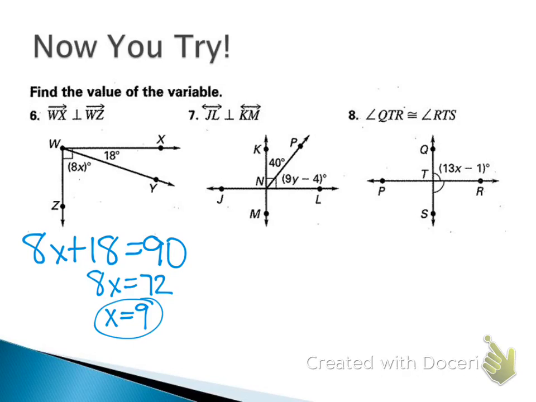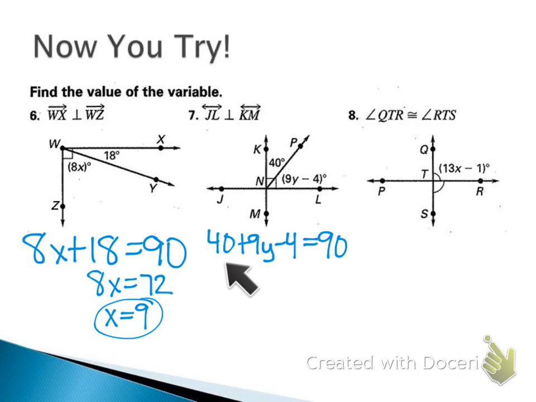Number 7 is a similar situation. Once again, what's the relationship between those angles? They add up to 90. They are complementary. So 40 plus 9y minus 4 equals 90. This time we can start by combining like terms.